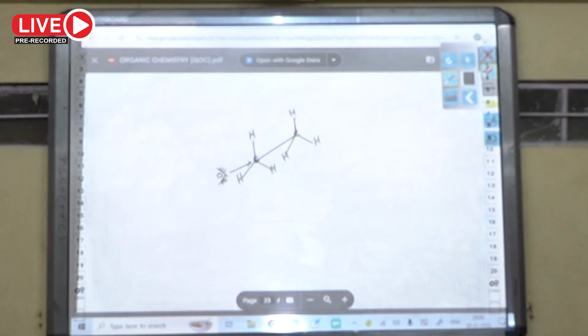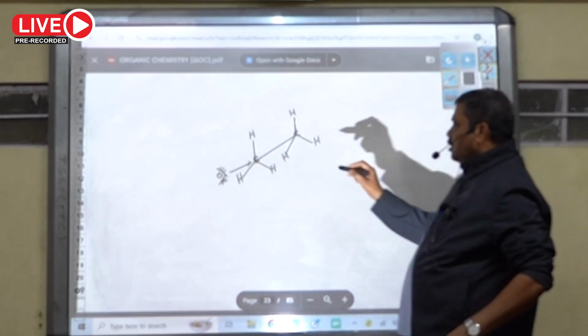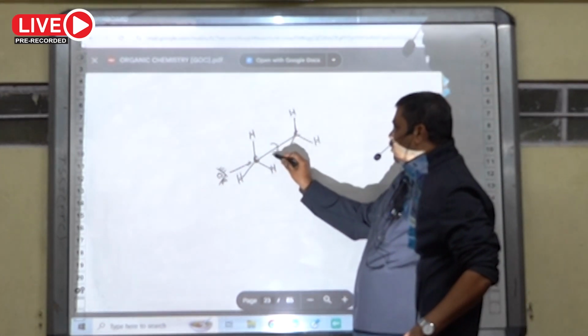If I slightly rotate 1 degree, you can see the second hydrogen also. If I rotate 60 degrees, you can have a better view. That is called a staggered form. So I write the staggered form also by rotating this carbon-carbon single bond.